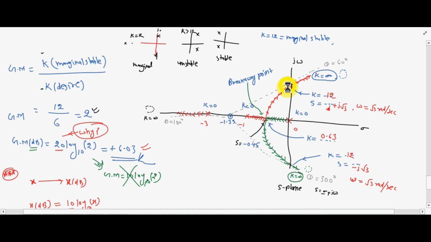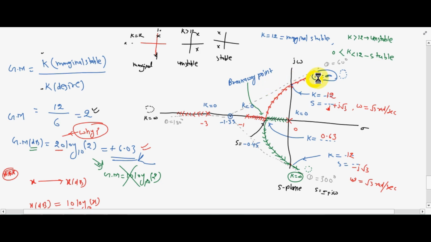When the value of k is greater than 12, our poles go like this, and the system is unstable. And when the value of k is greater than 0 and less than 12, the system is stable.